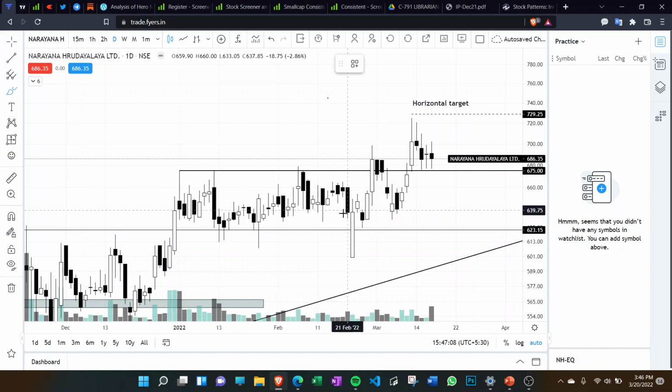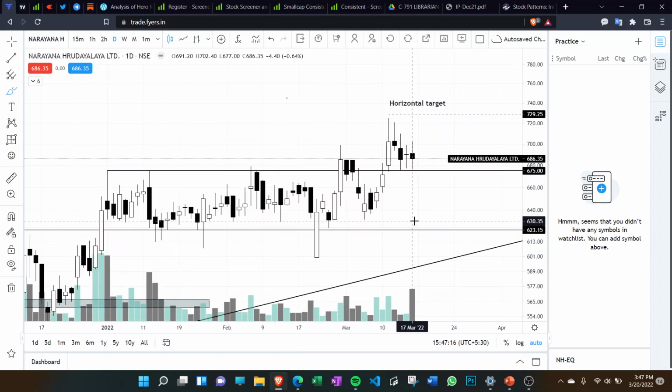It has been in consolidation with a few shakeouts to push out the weak hands like us, the small retailers. This is typically for pushing out the retail traders, and then the price started moving upwards, and it again came down, a false breakout.